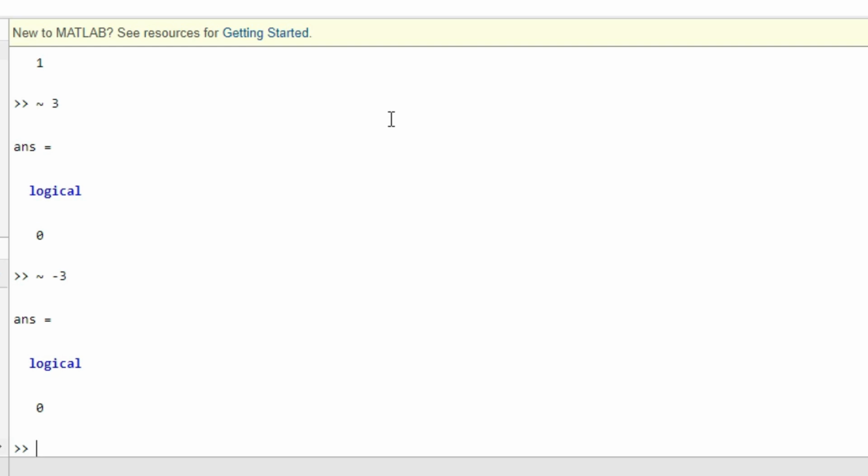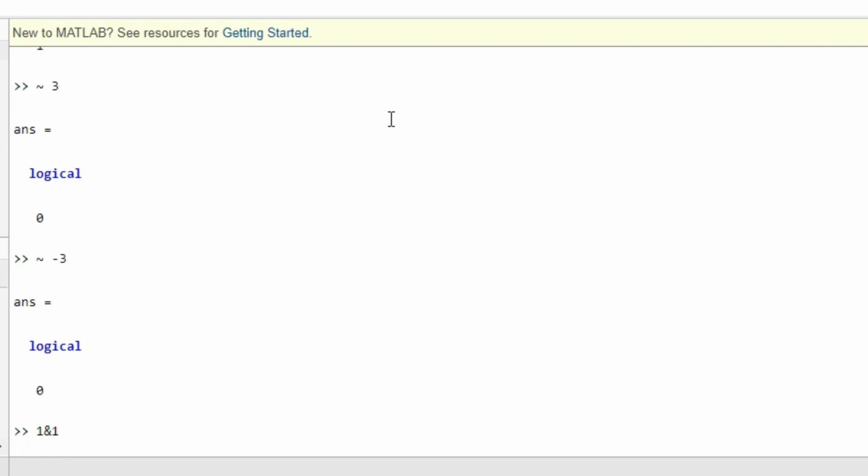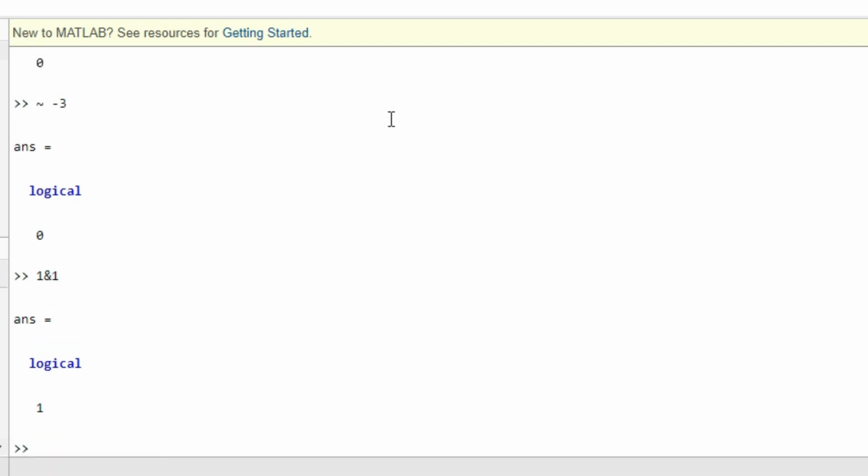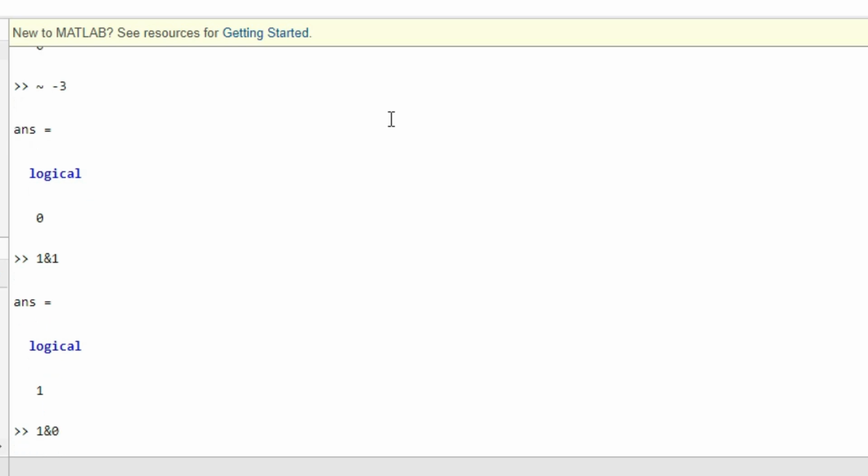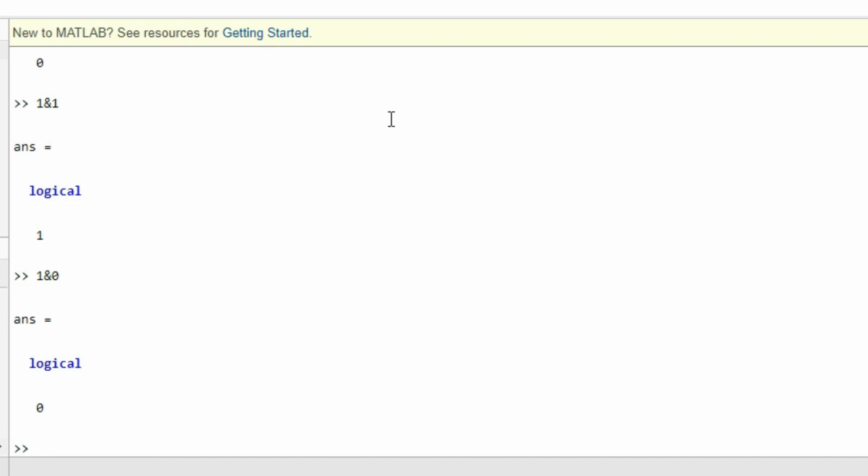So let's try 1 ampersand 1, which means true and true, so it gives true. True and false, 1 and 0, gives false, 0. Let's try 1 or 1, so it again gives true, since true or true is true.